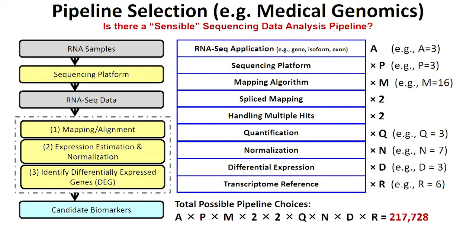Now, let's talk about how the pipeline matters. The FDA is running this challenge. Remember I was talking about the robustness of algorithms? This is a simple medical genomic case. They're trying to develop a guideline for approving new medical genomics. Looking at next generation sequencing alone, there are more than 200,000 possible pipelines for analyzing it. Does the pipeline matter? Can the algorithm be more robust?